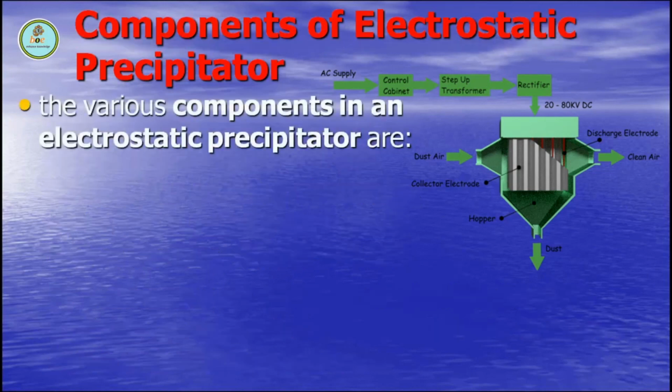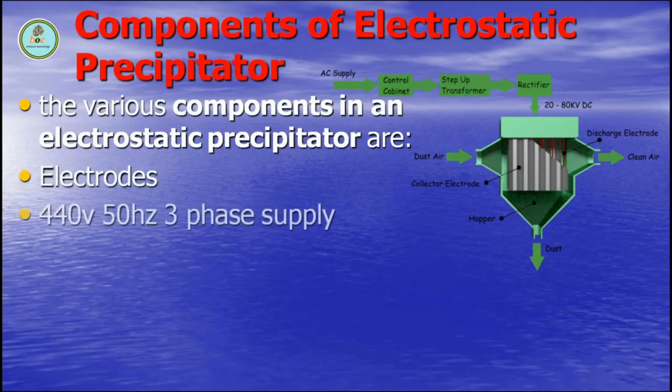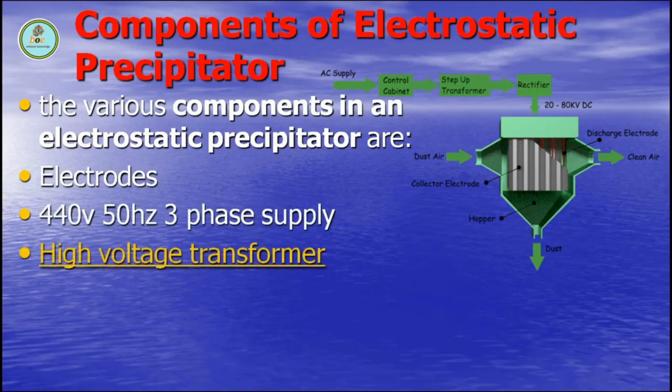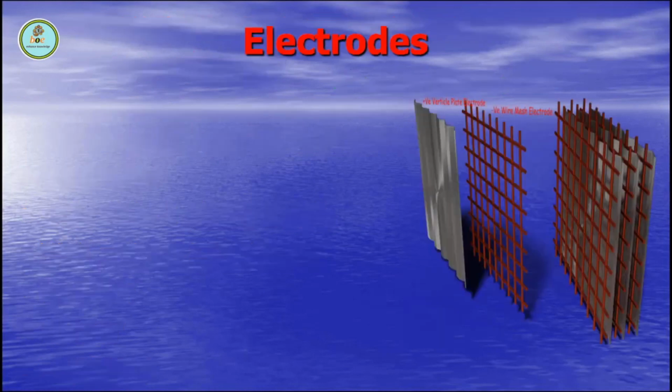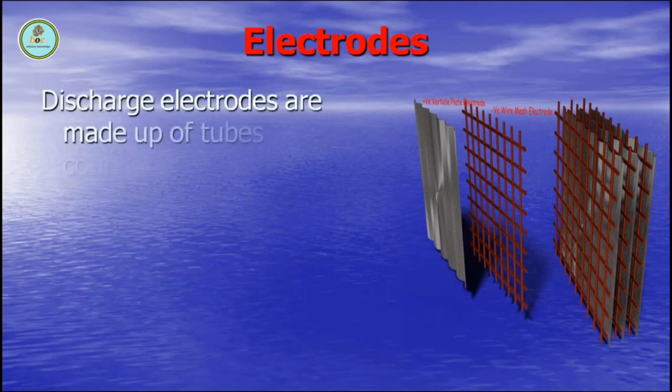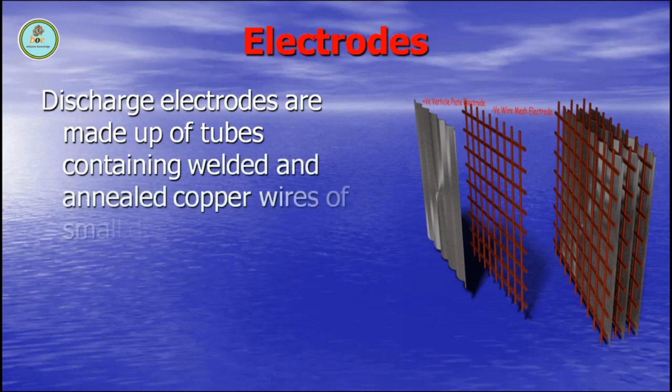The various components in an electrostatic precipitator are electrodes, 440 volt 50 Hz 3-phase supply, high voltage transformer, rectifier, hopper and insulators. Electrodes. Discharge electrodes are made up of tubes containing welded and annealed copper wire of small diameter.